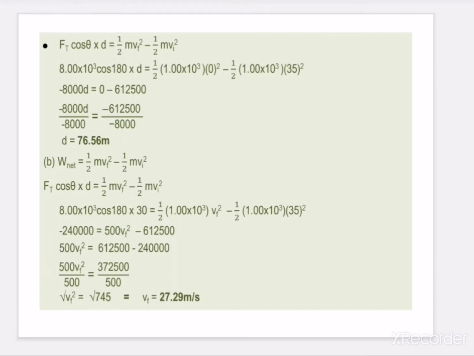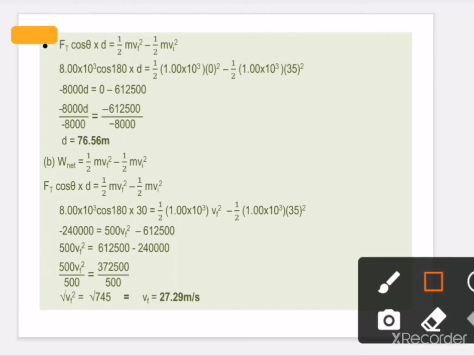We have F, which happens to be the kinetic friction force acting on this. Cos theta, we multiply that by d, we'll be able to get a value of our work on this side, and then we can get the change in kinetic energy on the other side.